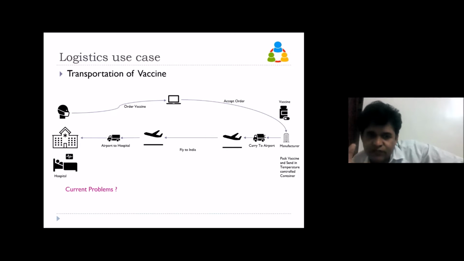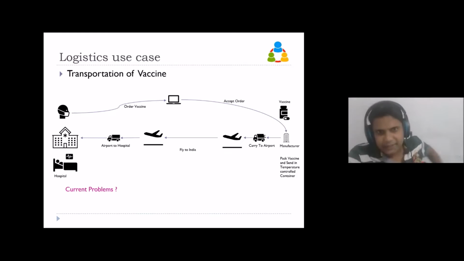So one is right from the placing of the order till receiving, at various stages, there could be different problems. Correct. So as you rightly said, one major problem is communication. Okay, and there will be a delay in communication.